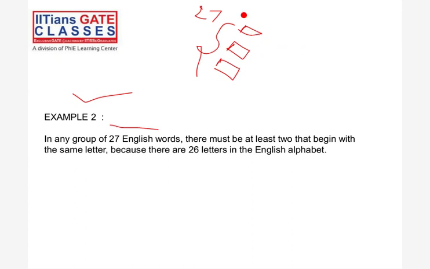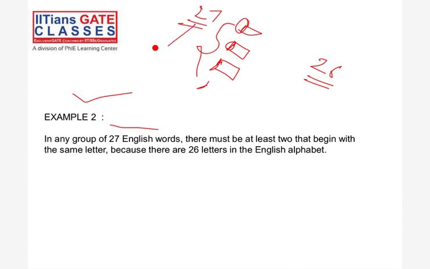Why? Because we are only interested in the first letter. You know that there are only 26 letters, but we have 27 words. So at least two words must have the same starting letter.